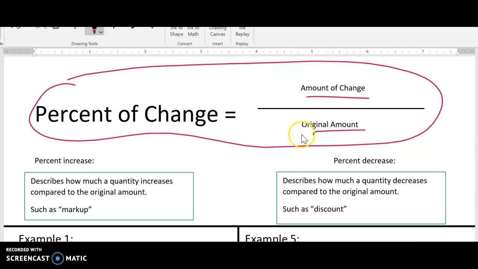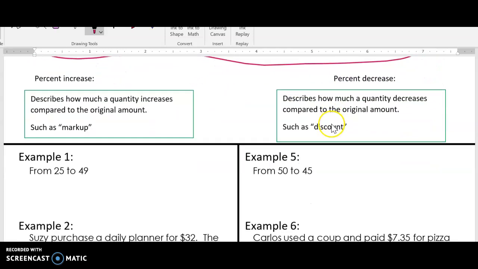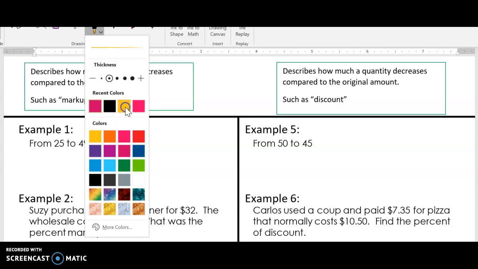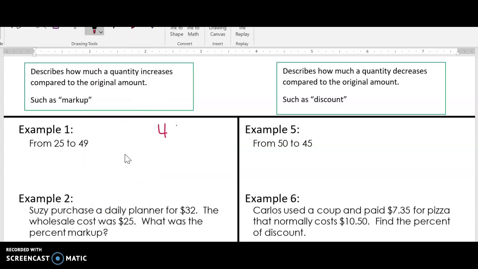So we're going to refer to this amount of change over original amount. Okay, so when I do the amount of change, it is from 49 to 25 over the original amount, which is 25.